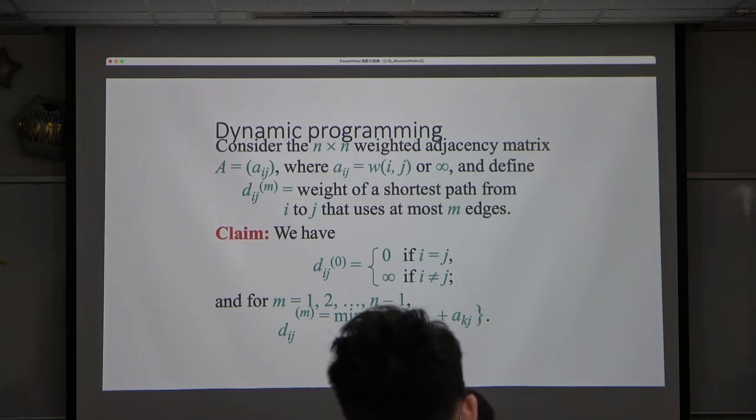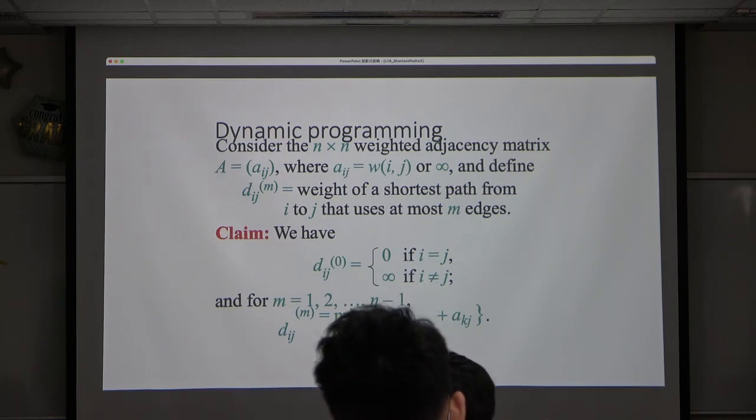This is min over k, because we have k such pairs.